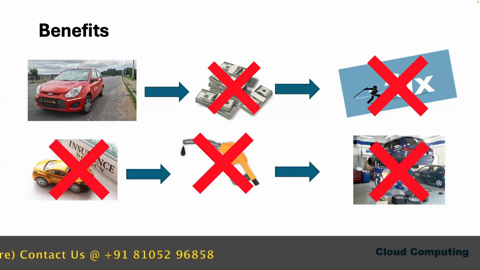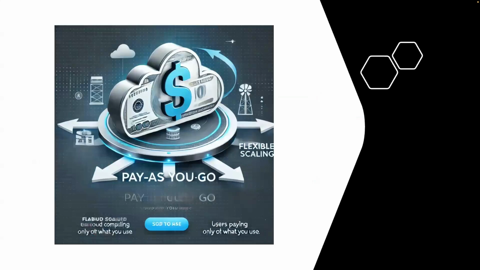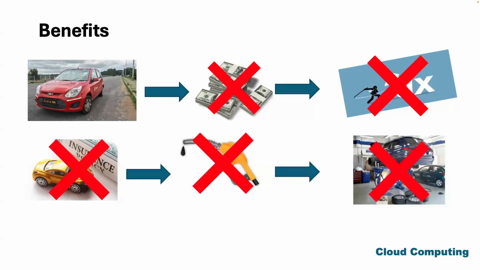Pay as you go model. And this is just like paying the electricity bill at your home. You will be paying for the number of hours or number of days you used, or number of kilometers probably.